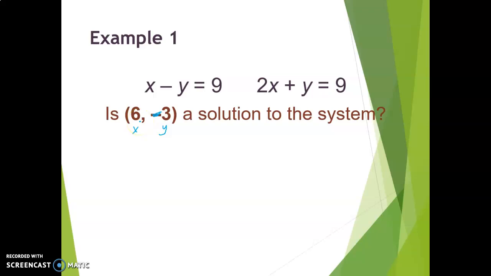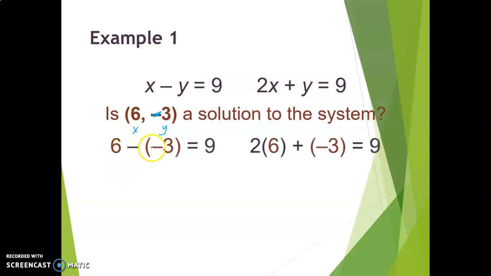When we plug in 6 and negative 3 in the first equation, we get 6 minus, and then we've used parentheses to protect our negative 3. So 6 minus negative 3. And over here, 2 times 6 plus, and then again we've used parentheses to protect our negative, negative 3 equals 9. When we simplify that, 6 minus negative 3 is the same thing as 6 plus 3. So we get 9 equals 9.